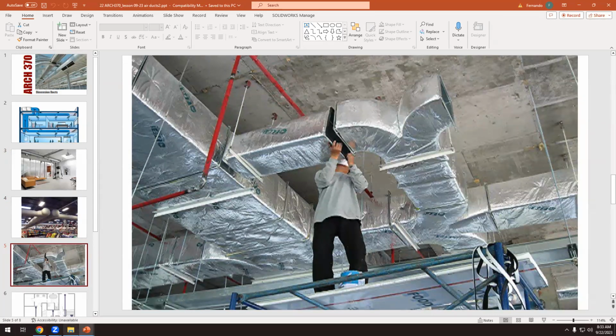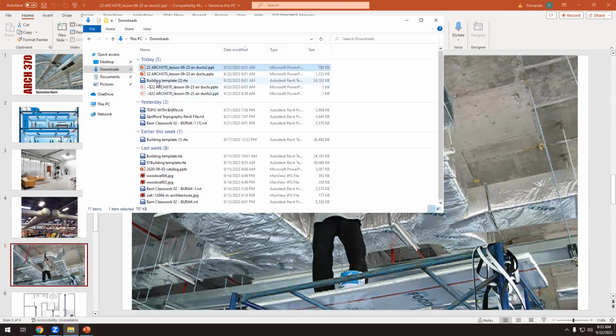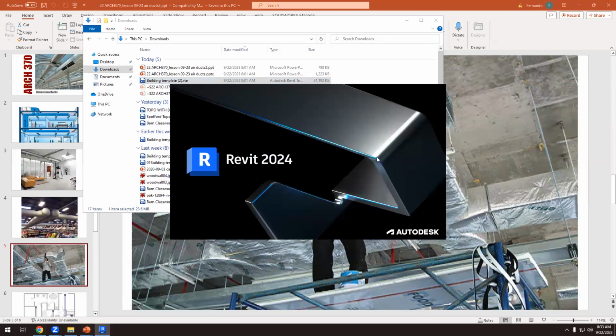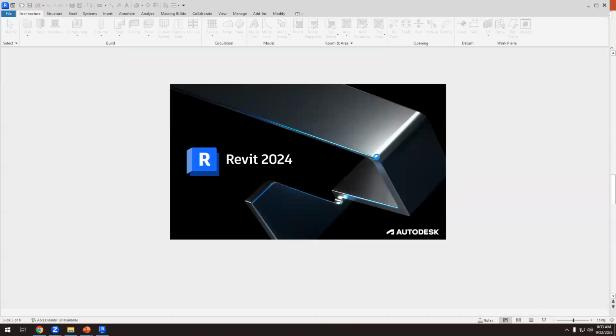Okay, so let's open the building template. I'm afraid of using Revit 24 because last time we used Revit 23. Let's be brave and use Revit 24 in systems. I think it hasn't changed that much. They keep up with the times. We gotta keep up with the times.